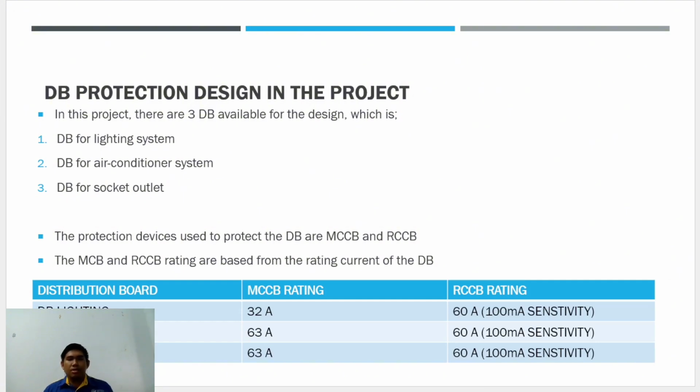The MCCB and RCCB ratings are based on the rated current of the DB. For example, there are 3 DBs: DB lighting, DB aircon, and DB power. The MCCB ratings are 32 amperes, 63 amperes, and 60 amperes. The RCCB rating is 60 amperes with 100 milliamperes sensitivity.